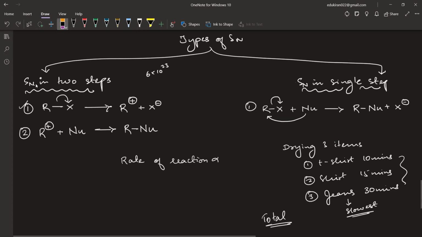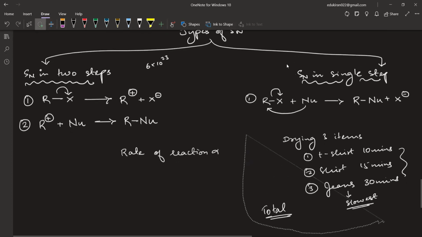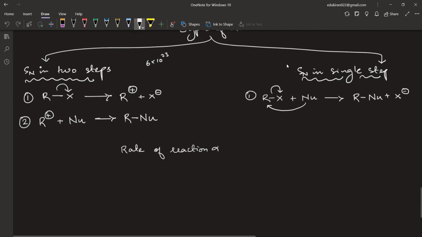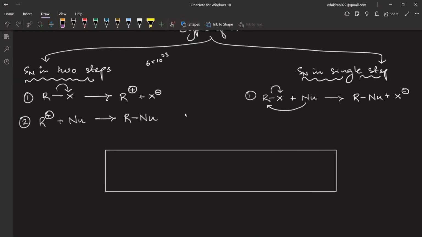So here also the rate determining step is the step which is going to determine the time taken for the reaction. The rate of reaction depends on the slowest step. Let us write one line here in some respected space.